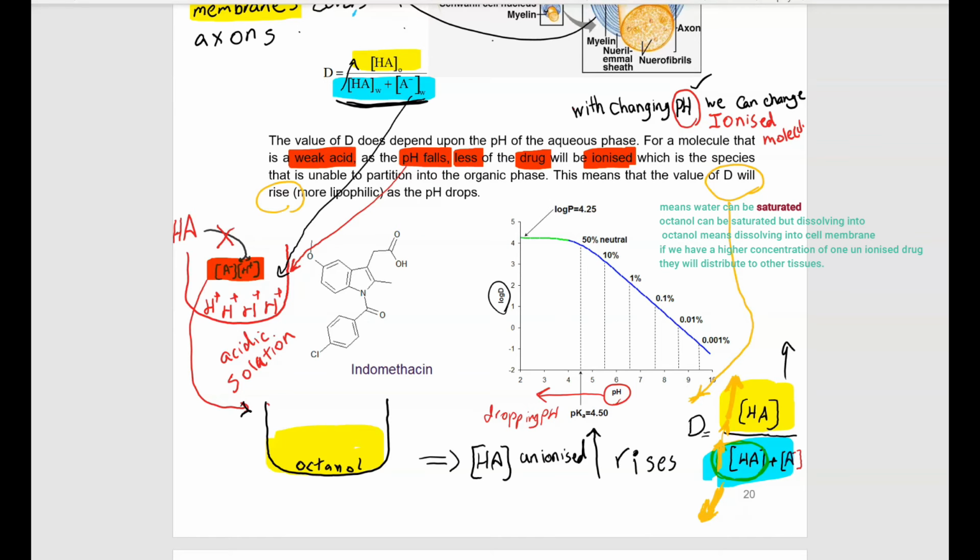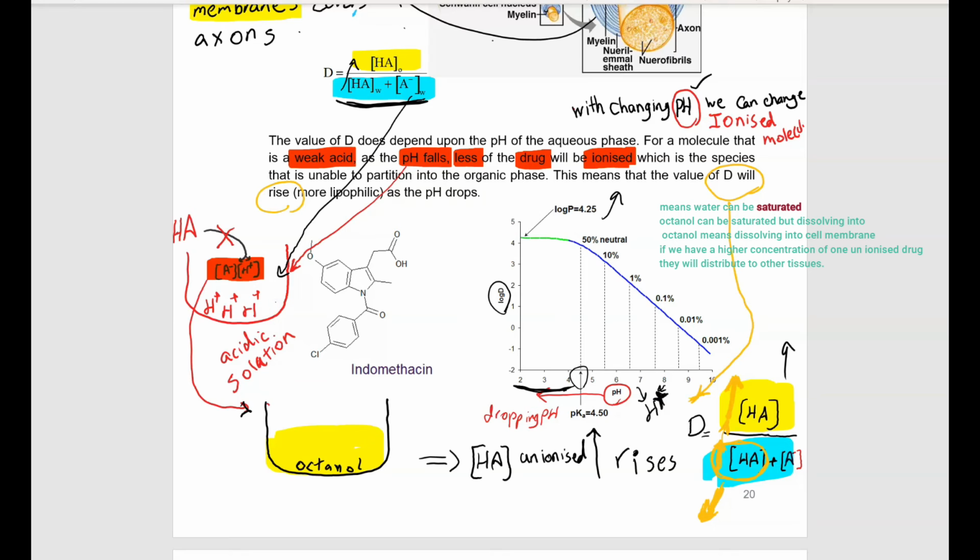So as you can see, when the pH is high, the log P is high as well. But when we decrease the number of hydrogen ions, or when we increase the pH, for example to 6 or 7 or 8, it means that we have lower hydrogen ions in here.